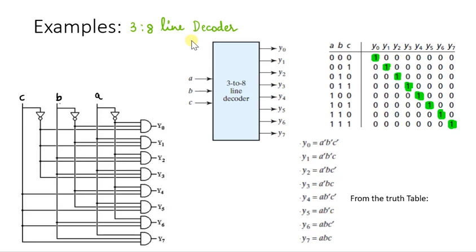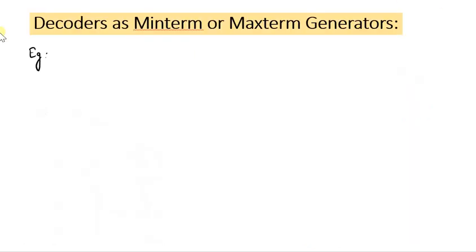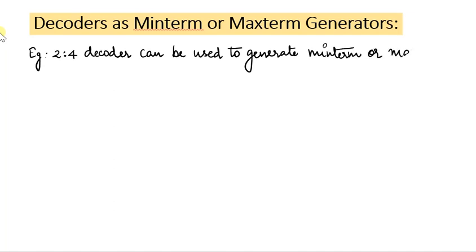Now coming to decoders as minterms or maxterms generators. So let me explain this concept with an example where I consider a 2:4 decoder which can be used to generate the minterms or the maxterms.